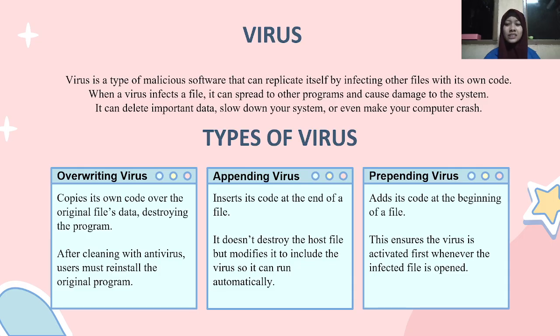It doesn't destroy the host file, but modifies it to include the virus so it can run automatically. And last, there is prepending virus, which adds its code at the beginning of a file. This ensures the virus is activated first whenever the infected file is opened.